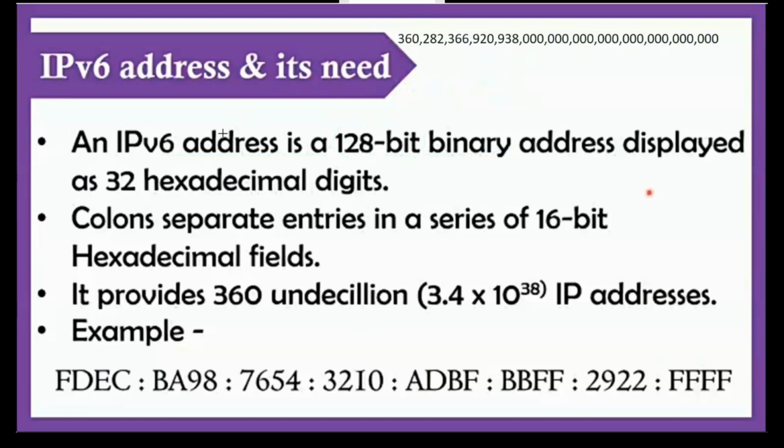And what will be the value? I have written that many hosts you can connect with IP version 6, and you can't easily calculate that value. It is around 340 undecillion.